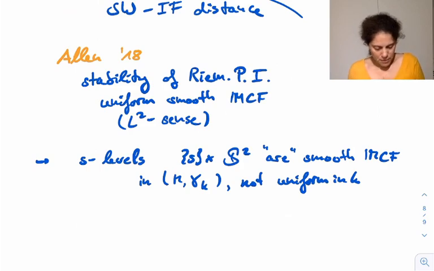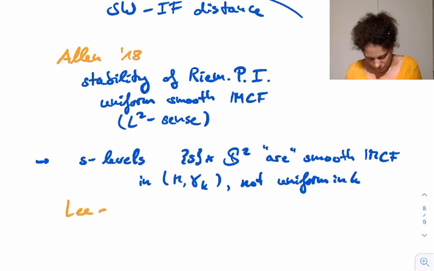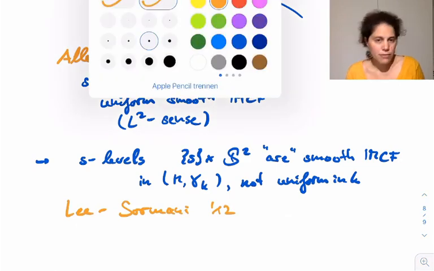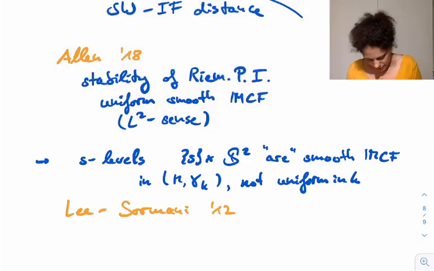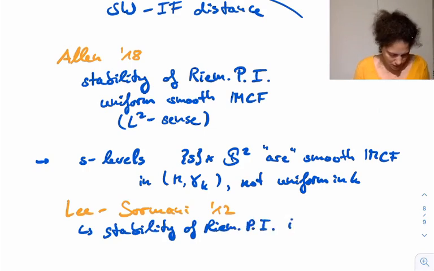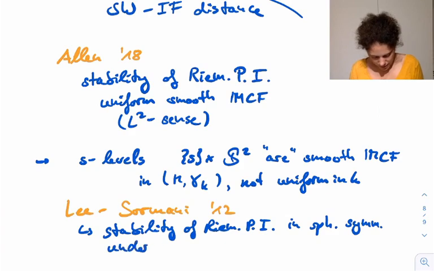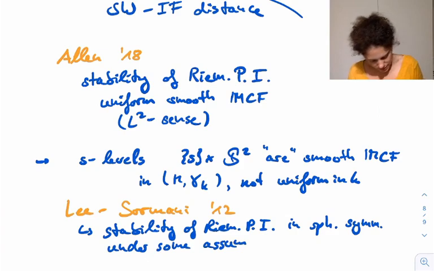In the paper I mentioned already by Lee and Sormani, there's also a positive stability result in spherical symmetry for the Riemannian Penrose inequality in spherical symmetry. Of course, under some assumptions that I can't explain here. And with respect to Sormani-Wenger intrinsic flat distance.